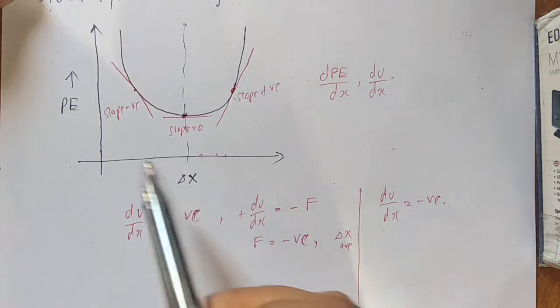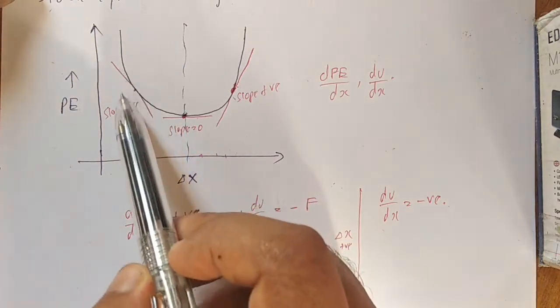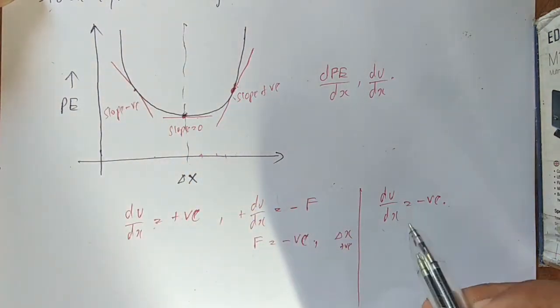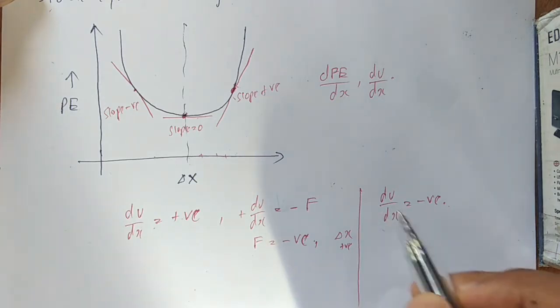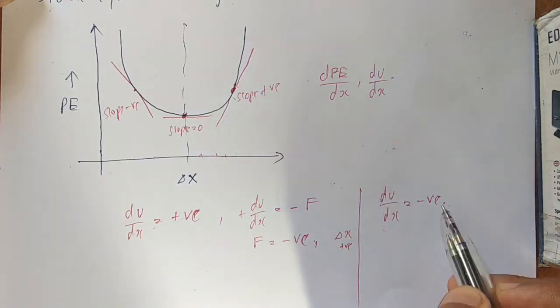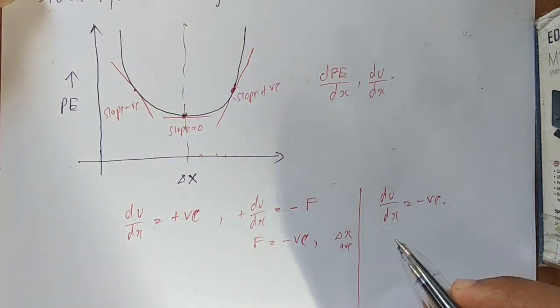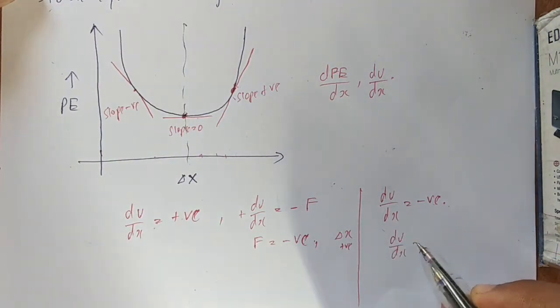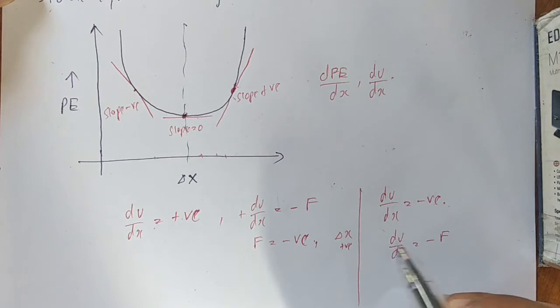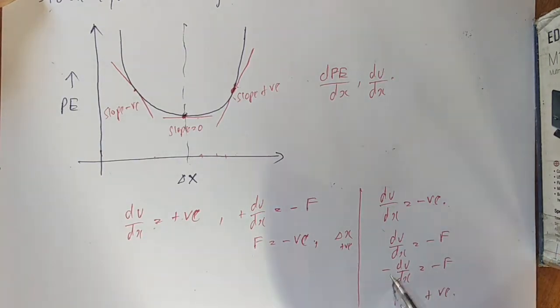When change in x is decreasing, then potential energy is increasing, which means this is negative and this is positive, so the overall slope is coming out to be negative. When slope is negative, we know that du by dx is negative of f, so du by dx is equal to negative f, so the force here is coming out to be positive this side.